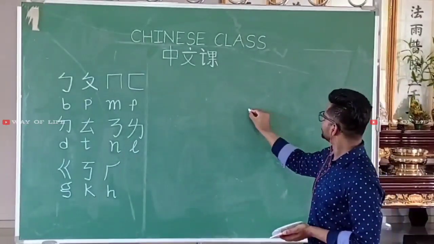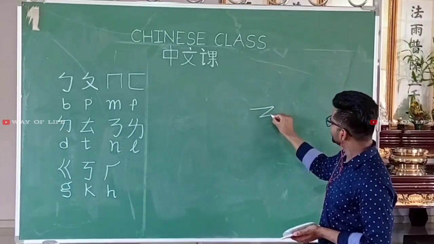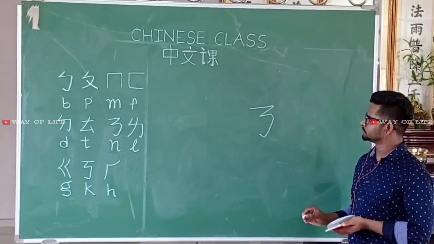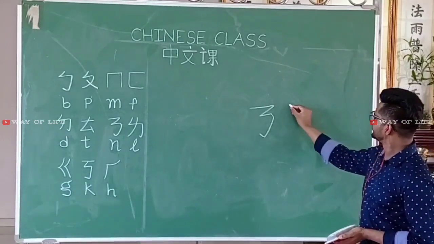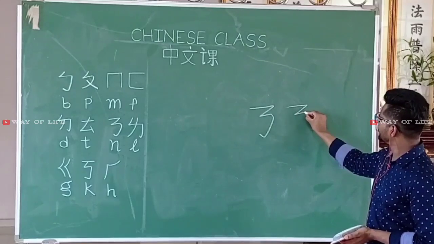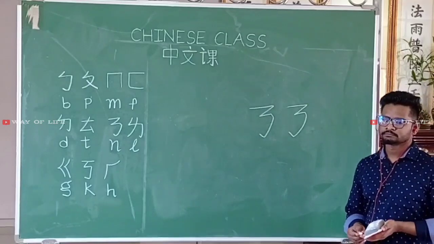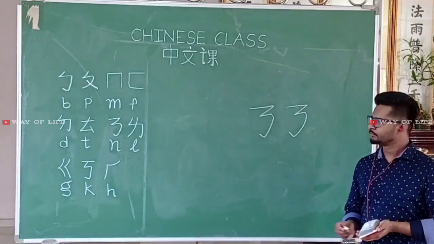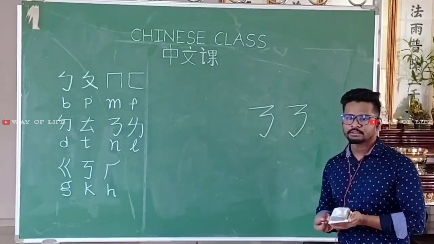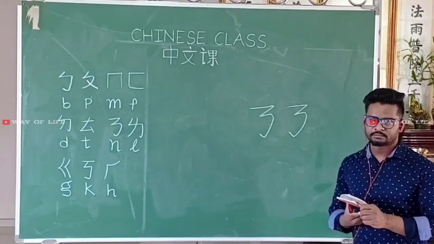How to write? 1, 2, 3 and 4. Let me tell you once again. 1, 2, 3 and 4. You might find it difficult to write at first because we are not familiar with the alphabet, Chinese writing.